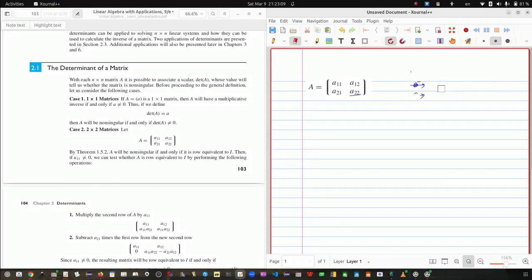So let's go back to our determinant. Now the determinant of matrix A is equal to the multiplication of the cross elements and the subtraction between them. A11 times A22 minus A21 times A12.